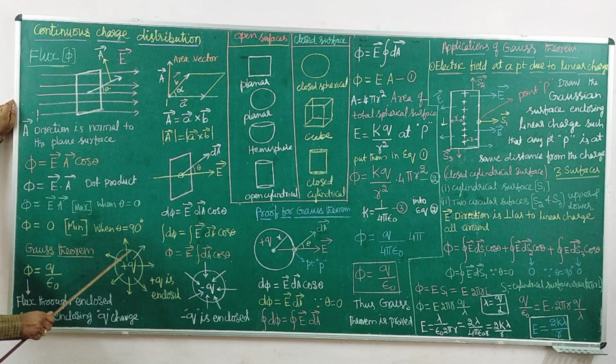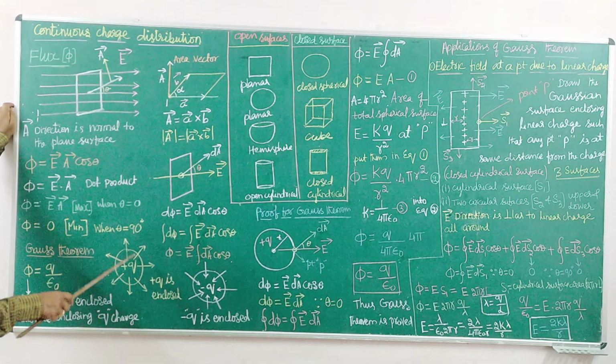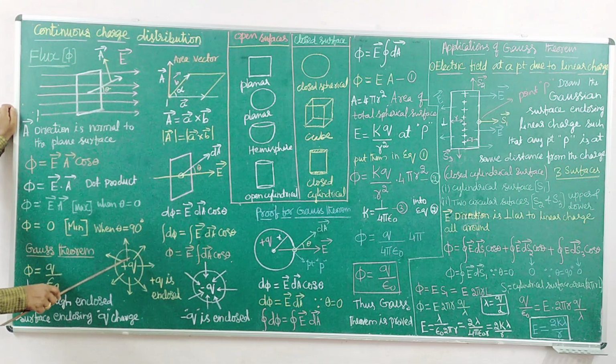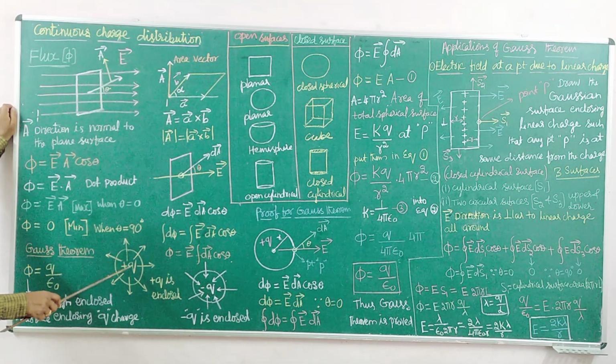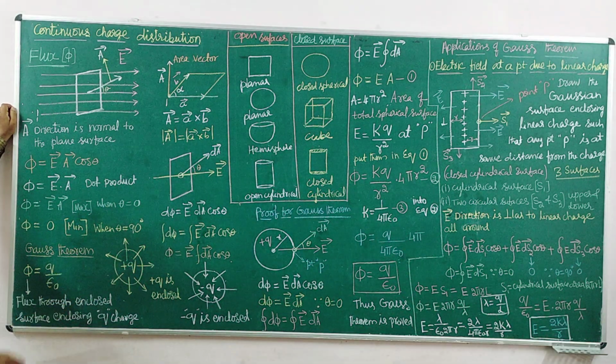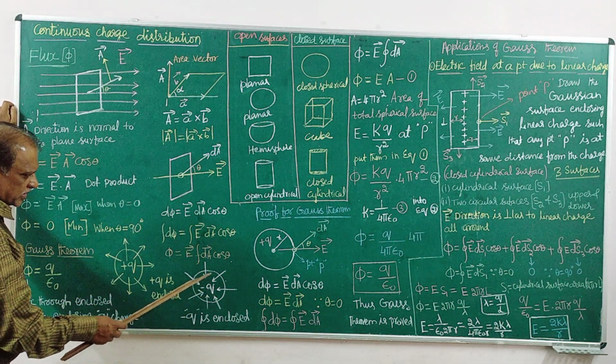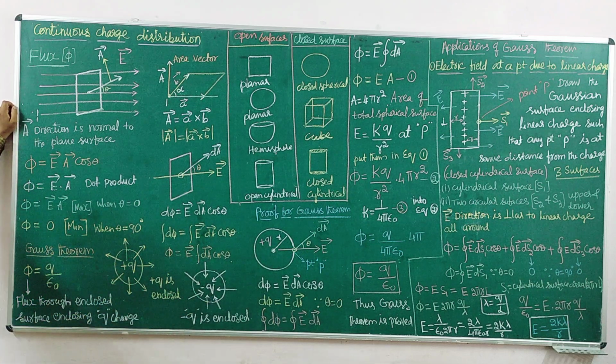Q is the amount of charge enclosed. It is known as Gauss theorem. That is the representation: electric lines of force directed away from the space where the charges are enclosed, or towards it, for this spherical surface.